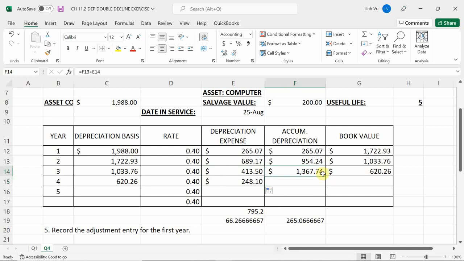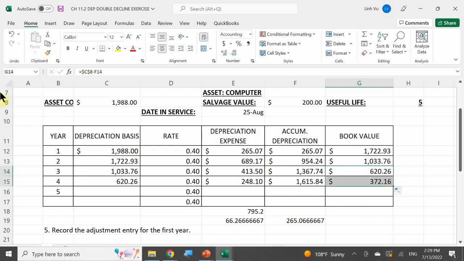Accumulated depreciation, 1615.84. Good. So then book value, 372.16. All right, we can keep going for the 5th year.